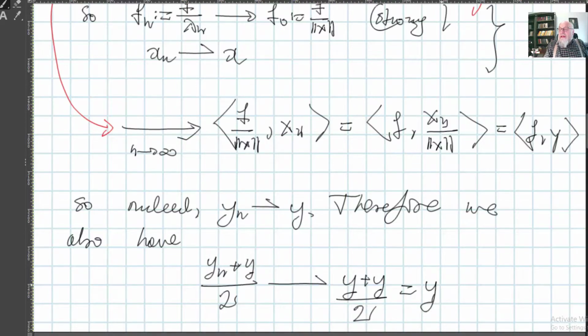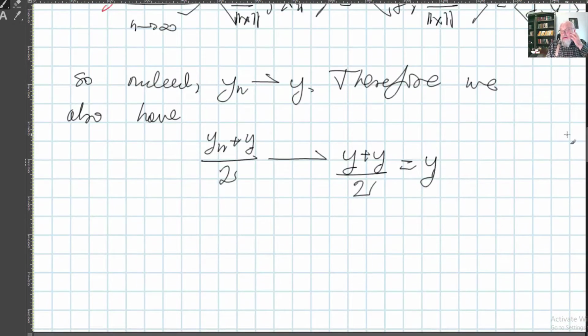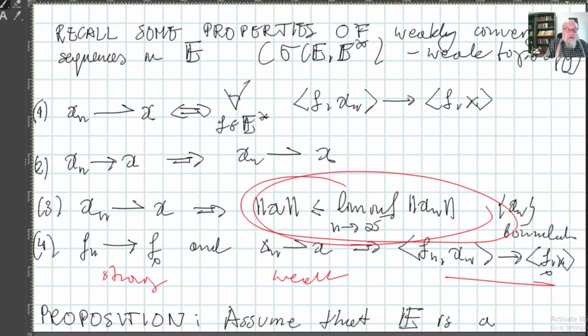And therefore, we have the following. Since this is convergent, again I go back to my properties. I look at my third property, oh, we have here this property. So let me write it down.